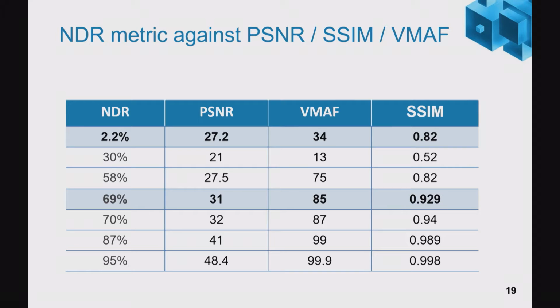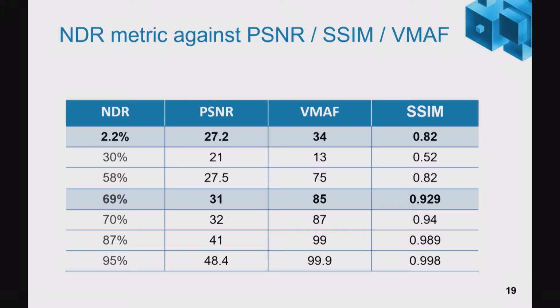So here are the numbers: a percentage for the NDR metric compared to PSNR, VMAF and SSIM. And the 2 rows in bold correspond to those couple of images that I showed you in previous slides.